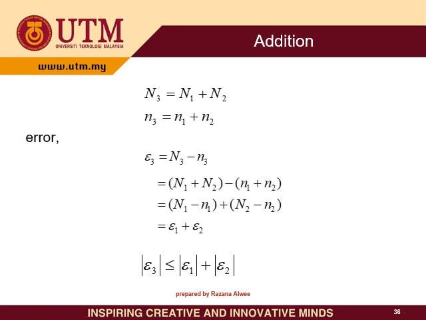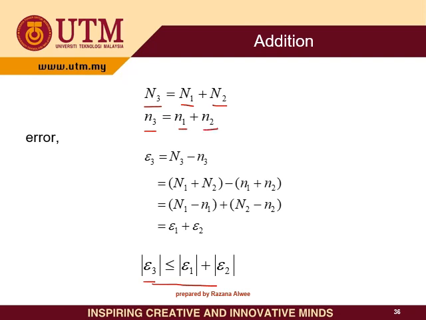Okay, this will show you the addition process of finding this equation here, where we will find that error 1 plus error 2 should be more or equal to error 3. Alright, so if you can see here, n3 is equal to n1 plus n2, the approximate n3 is approximate n1 plus approximate n2.